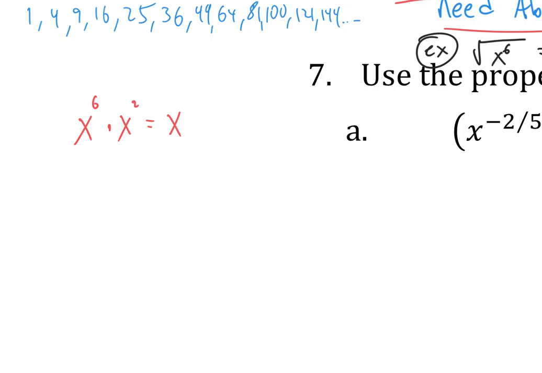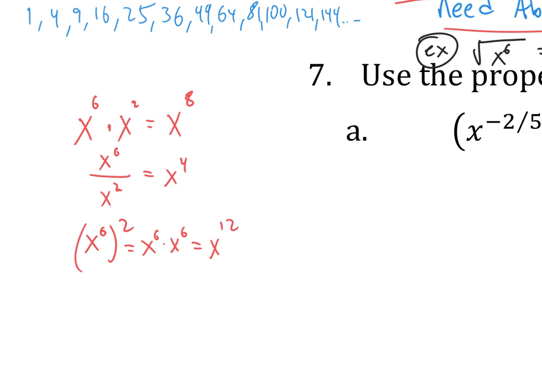If we have x to the 6 times x to the second, we add those exponents. That's x to the eighth. If we're dividing x to the 6 by x to the second, we subtract those exponents. That's going to be x to the fourth, because 2 of these cancel with that. If I have x to the sixth to the second power, well, that's like x to the 6 times x to the sixth, which is x to the 12th. So all we're really doing is multiplying these.